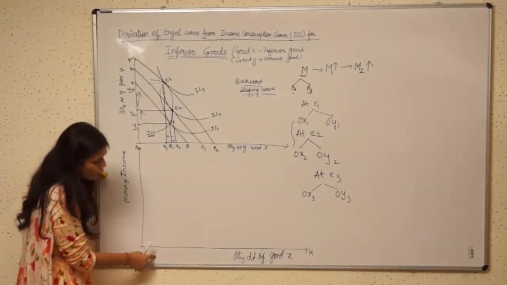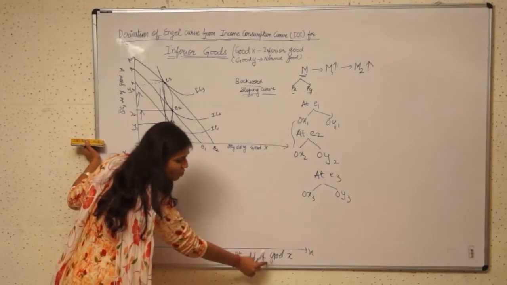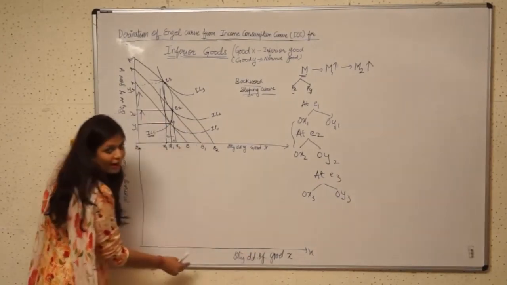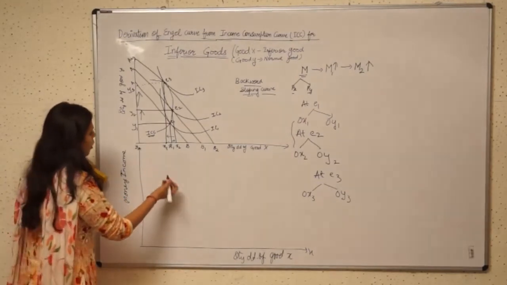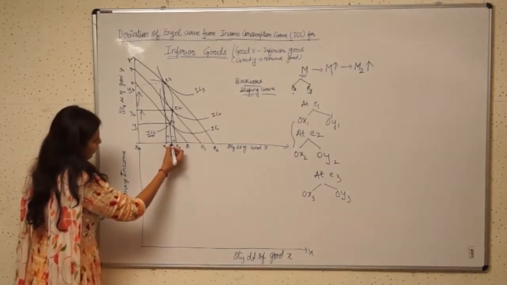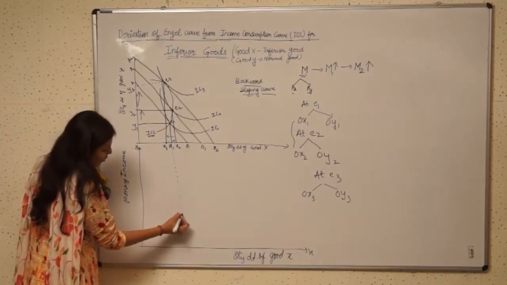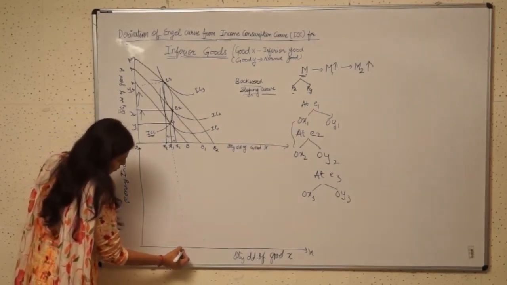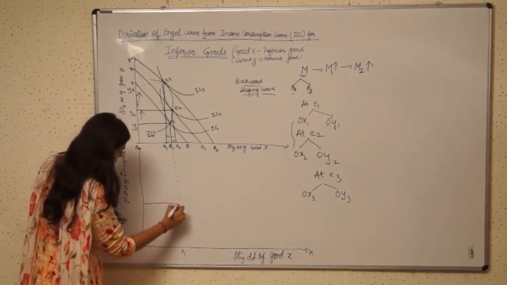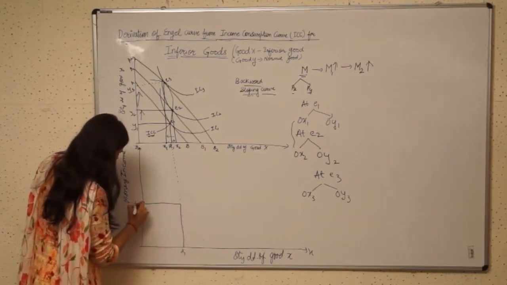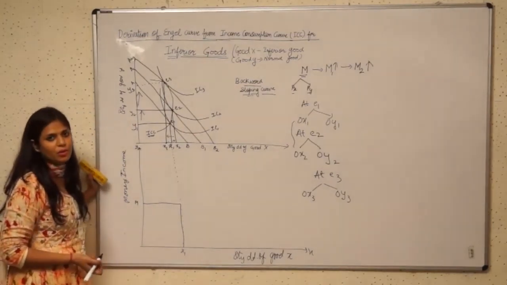Now in graph 2, I have shown quantity demanded of good X, which is the inferior good, on x-axis and money income on y-axis. So first, I am going to draw a perpendicular line downward to plot X1 units. So at given income of M, consumer consumed X1 units.